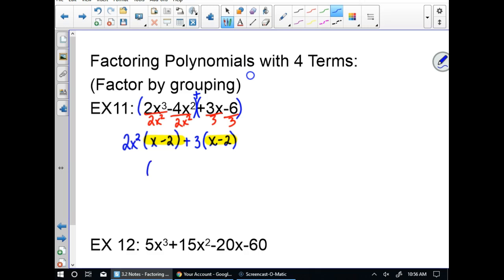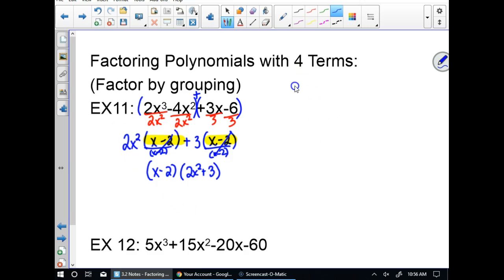So you write the x minus 2 out front, because it's like you're dividing both of these by x minus 2, just like we did with the 2x squared and the 3. That leaves you with 2x squared plus 3 in the second parenthesis. The one that matches, you pull out front. Then the leftovers go in the second parenthesis.